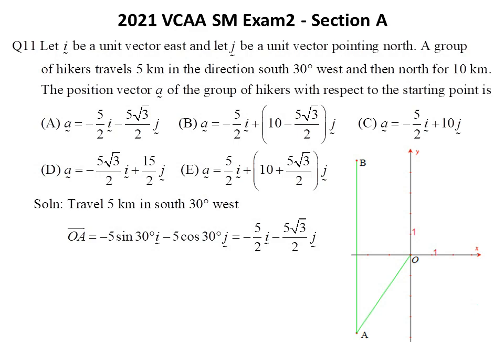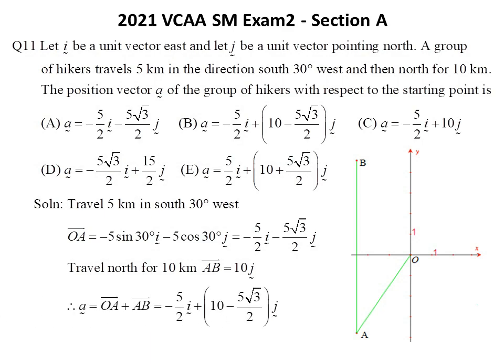Hence, accordingly, vector OA is written as -5 sine of 30 degrees i minus 5 cosine of 30 degrees j, which equals -5 over 2 i minus 5 square root 3 over 2 j, while vector AB is just 10j.